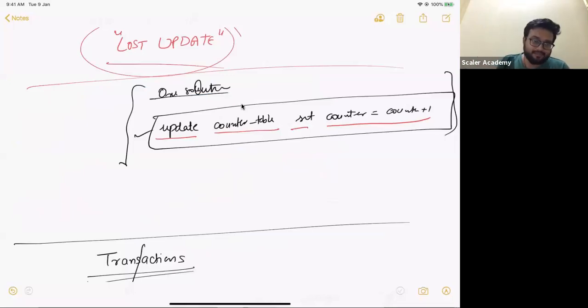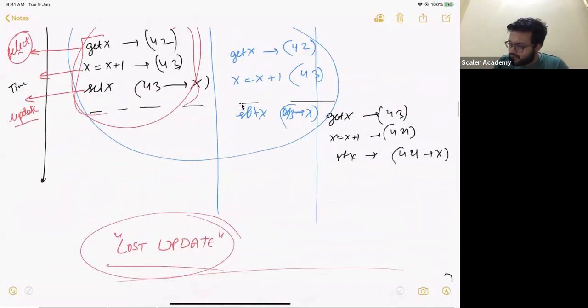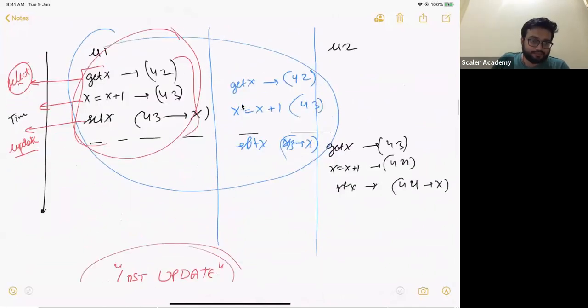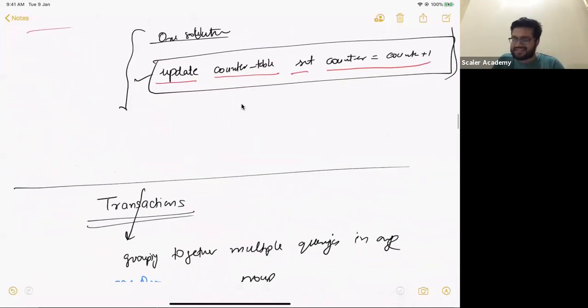And now my claim is, if you are doing this statement, this problem will not exist. If you are running this statement twice, once from user 1 and once from user 2, you will always get 44 as the value and you will not have a lost update problem. Do you guys just understand what I just said? If you just boil it down to one statement, that problem will not exist.